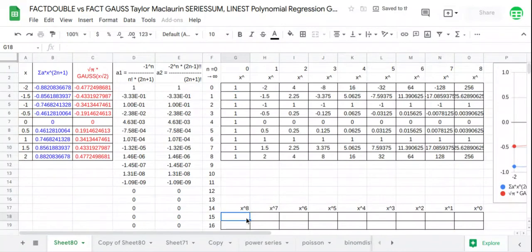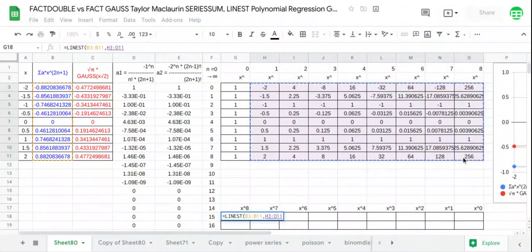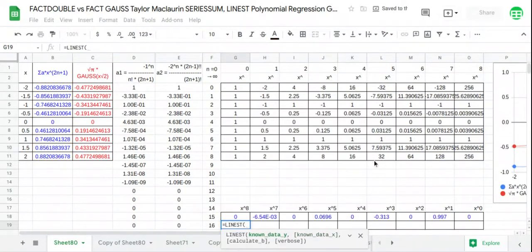Now we can use LINEST. This is equal to LINEST data y and data x. And this is also LINEST data y and data x.